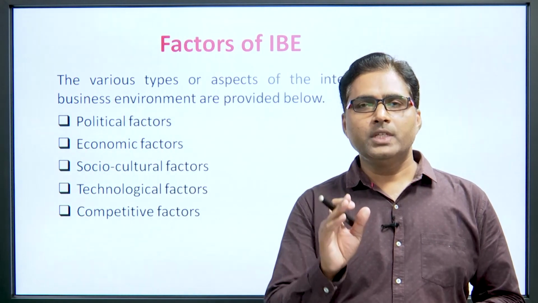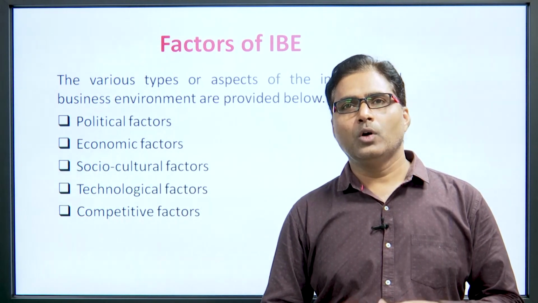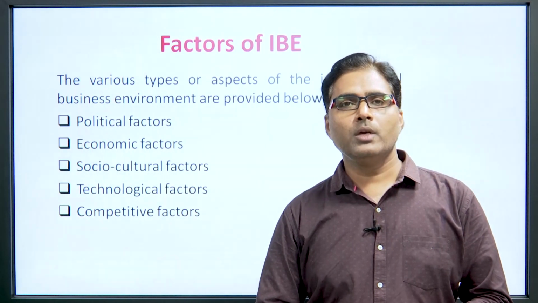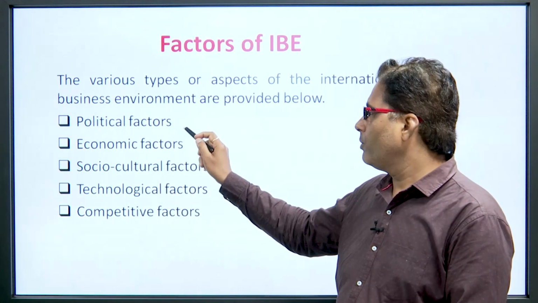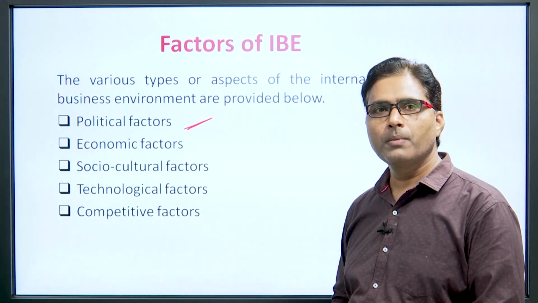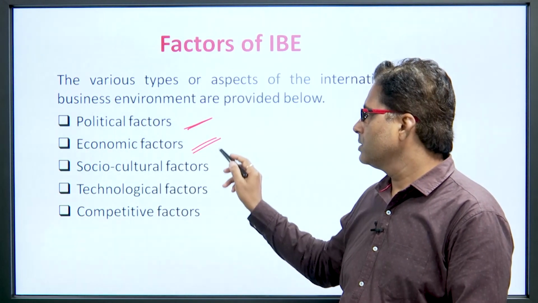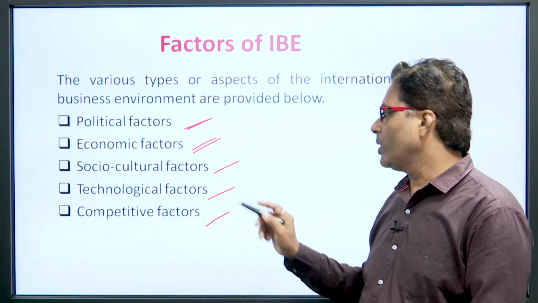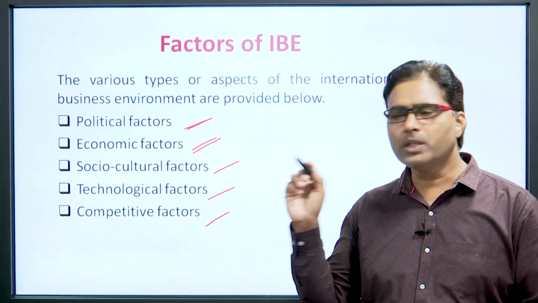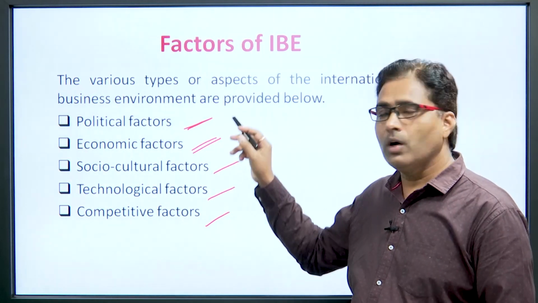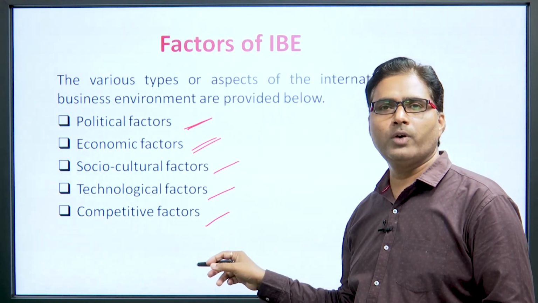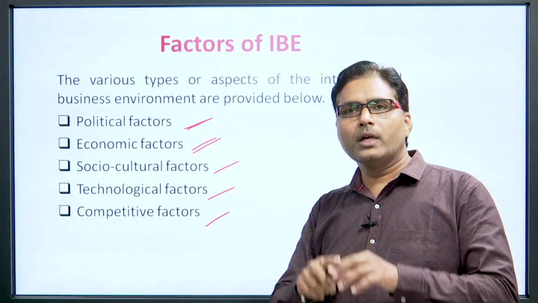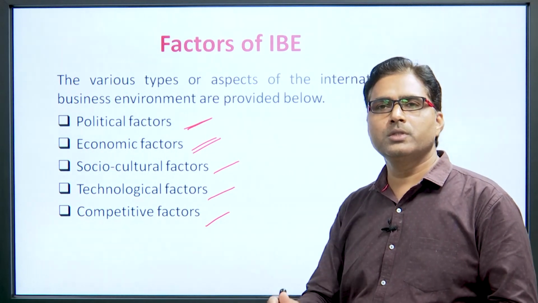So, these factors, or the types of international business environment, may be political factors or political environment, economic factors, socio-cultural factors, technological factors and competitive factors. All these different kinds of environments aggregate together to form the international business environment.